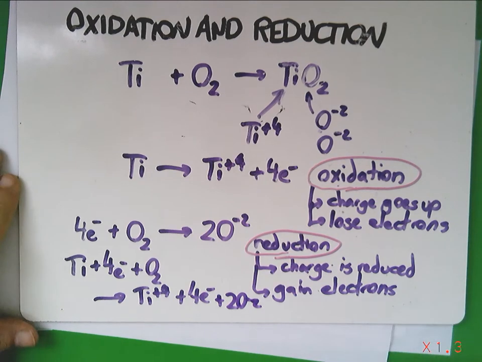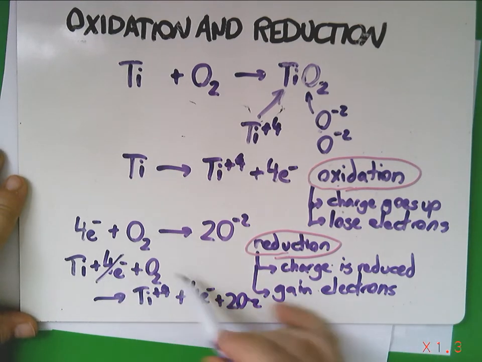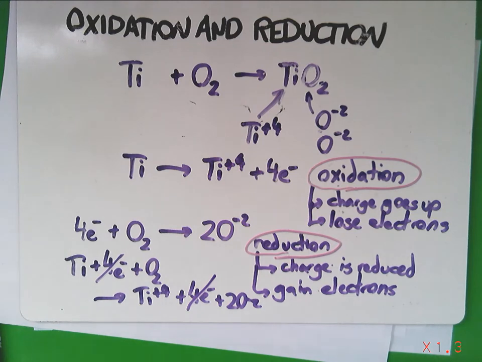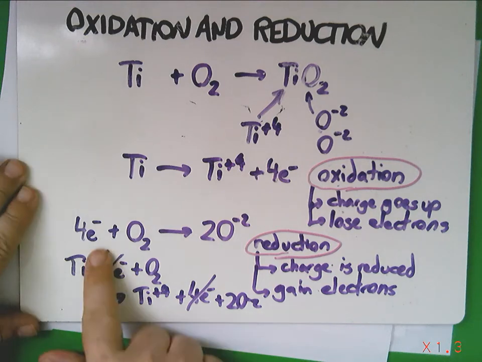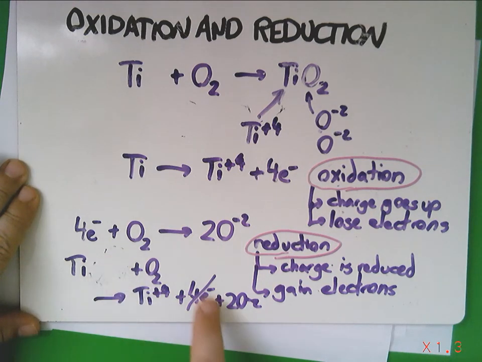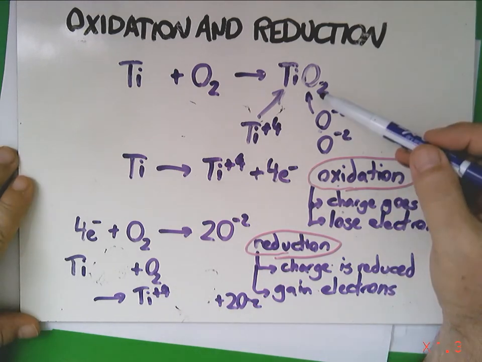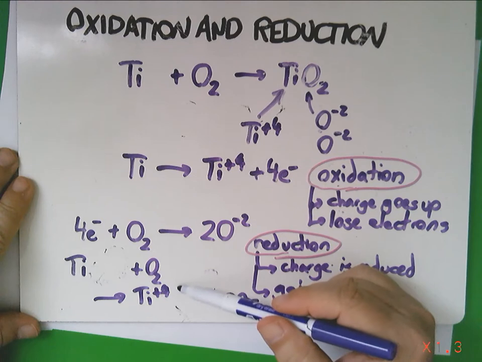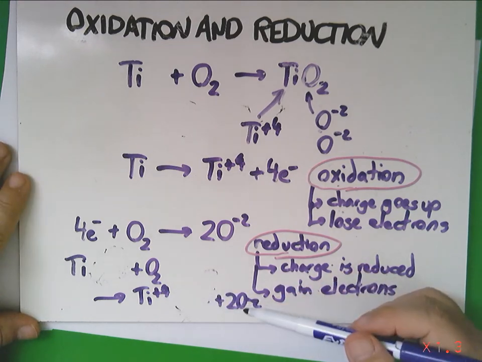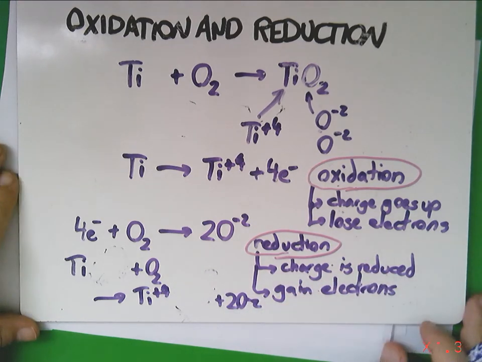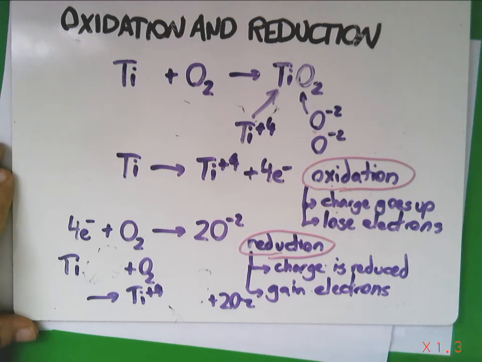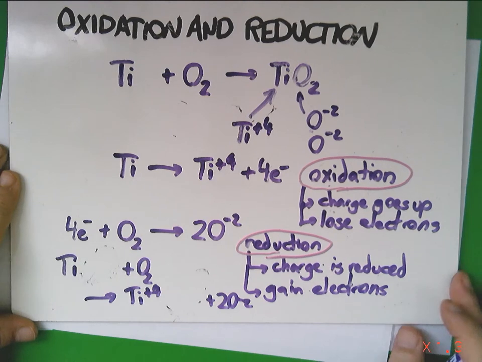So if I look at that, I can see that there's 4 electrons on either side of the equation. And just like an algebra equation, if you've got the same thing on both sides of a chemical equation, they can cancel. So really, here's my reaction. And what I've done up here is I've put together the titanium +4 ion with the two oxide ions, the 2 O-2 ions, to form TiO2.